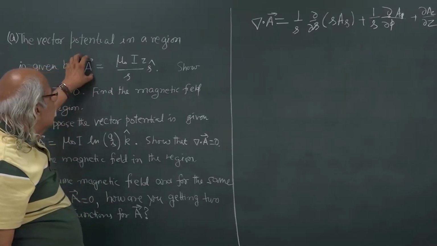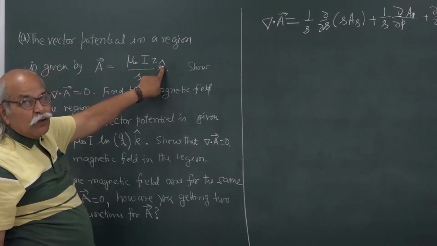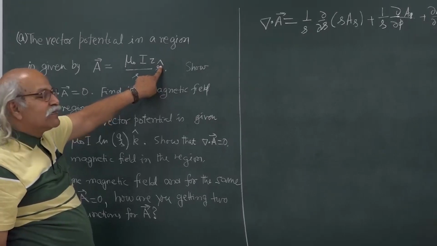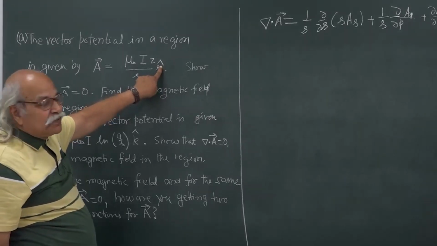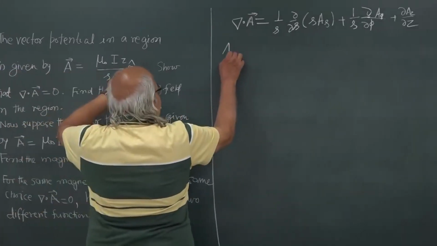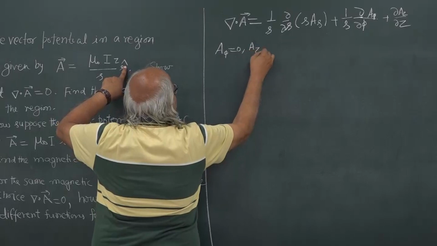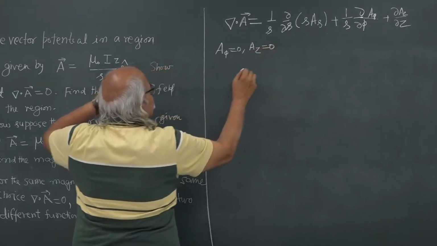So, that is the divergence equation, and we use this here. A vector has S component only, S cap. It does not have phi component, it does not have z component. So, A phi is 0 and A z is 0 first.